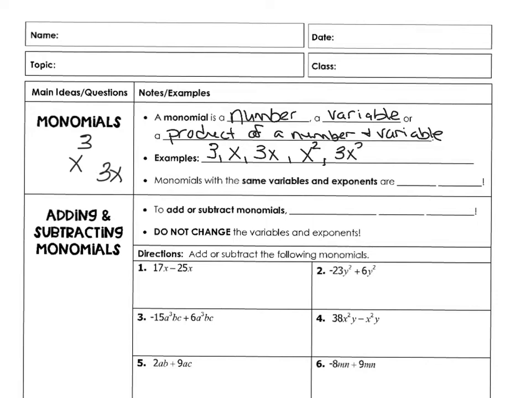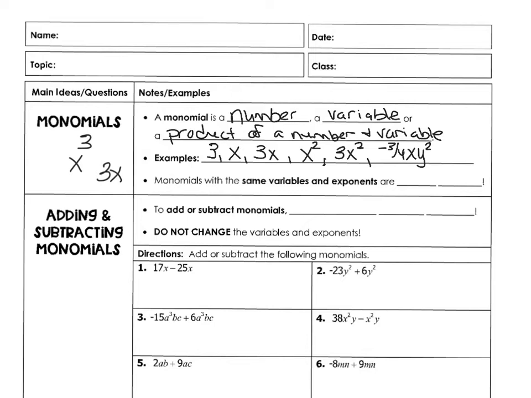So 3x squared, 3 times x times x, negative 3/4 xy, that's a monomial. It's a rational number being multiplied with the variable x and the variable y. You could even say y squared, all of that is being multiplied. There's no pluses or minuses in it, okay?